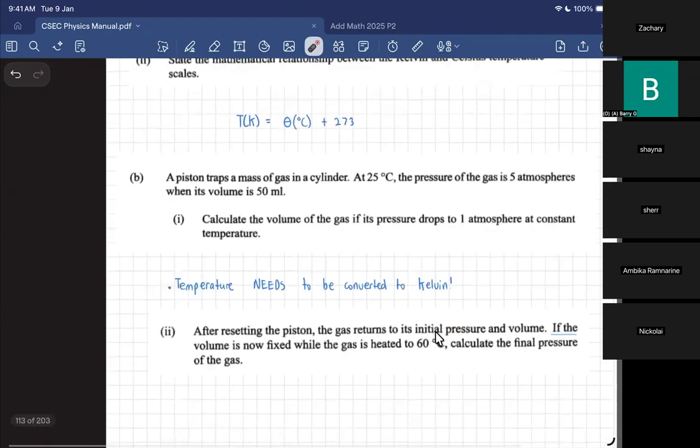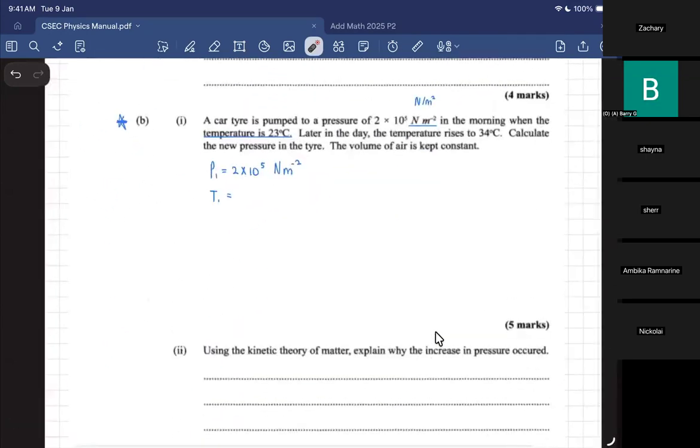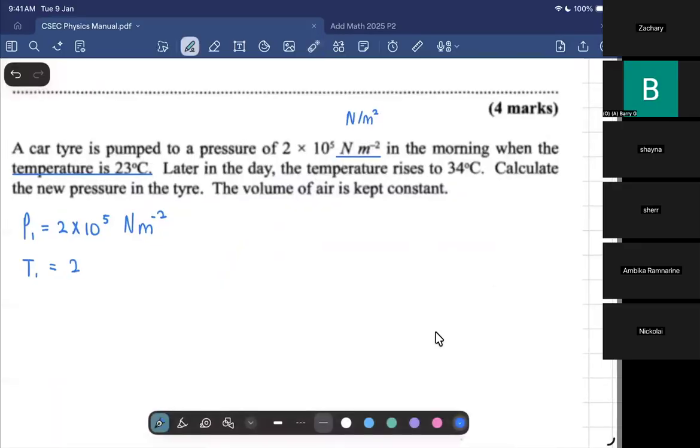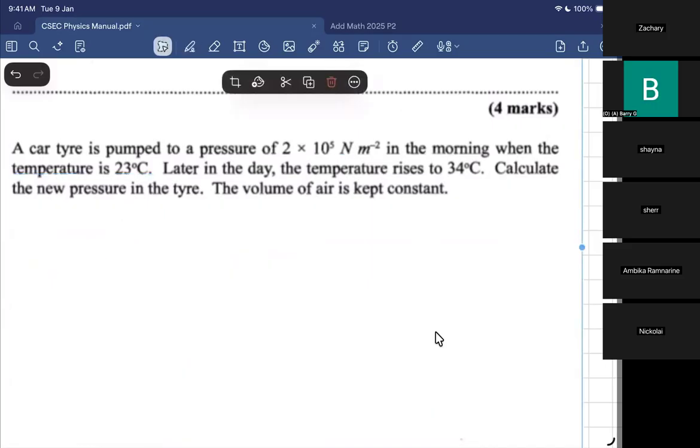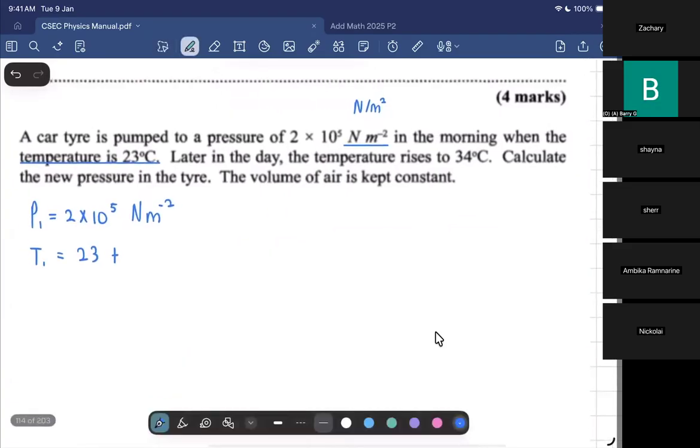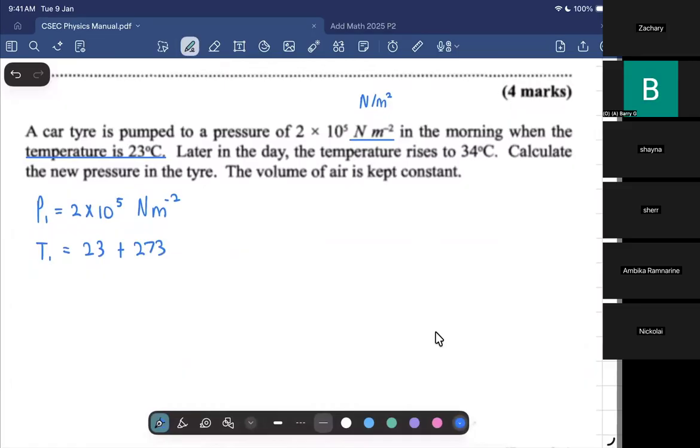So you have to convert all the temperatures to Kelvin. So what would you do with 23? What would you add to it? You remember how to convert Celsius to Kelvin? You add 273. What would you get? Oh, 296.